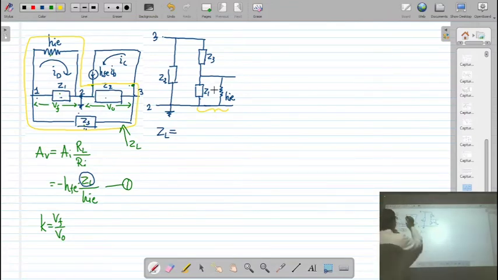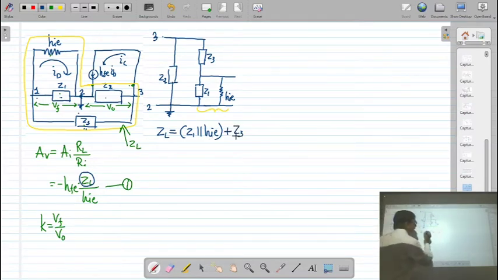So we will write that this ZL is equal to Z1 parallel HIE. Now this parallel combination is in series with Z3. So plus Z3. And whatever this series combination is there, it is in parallel with the Z2.